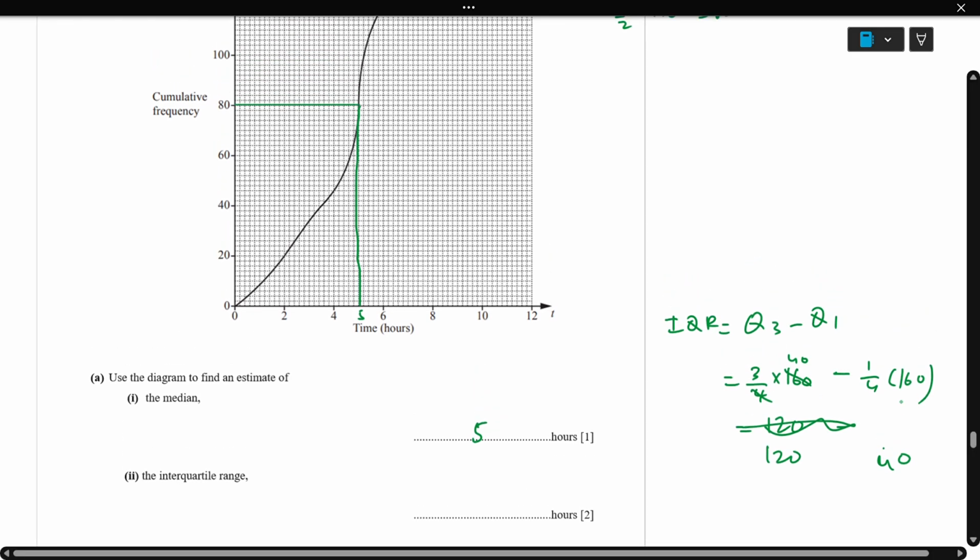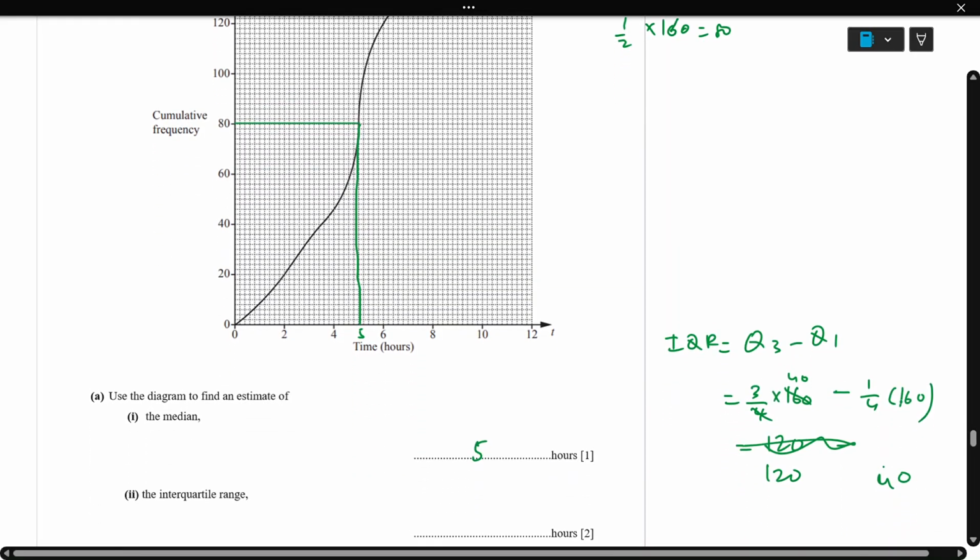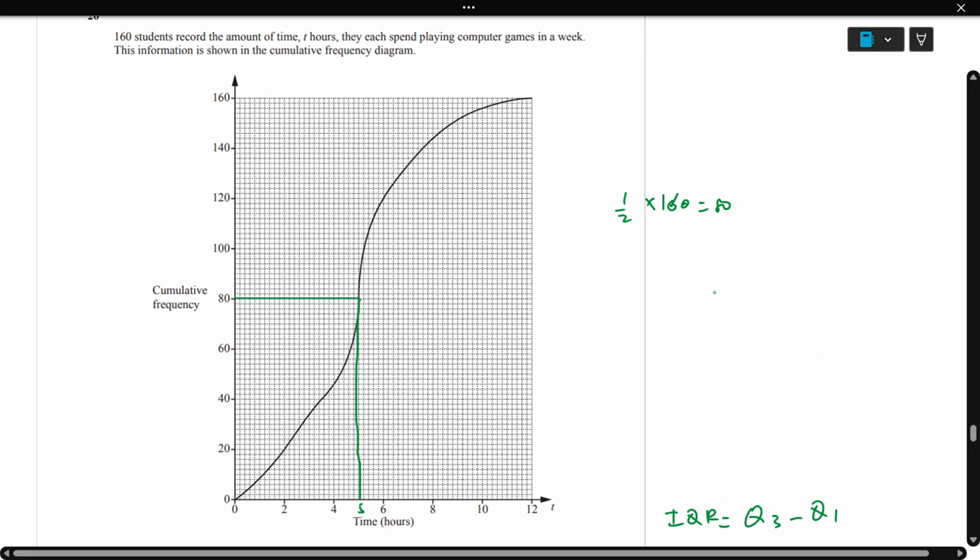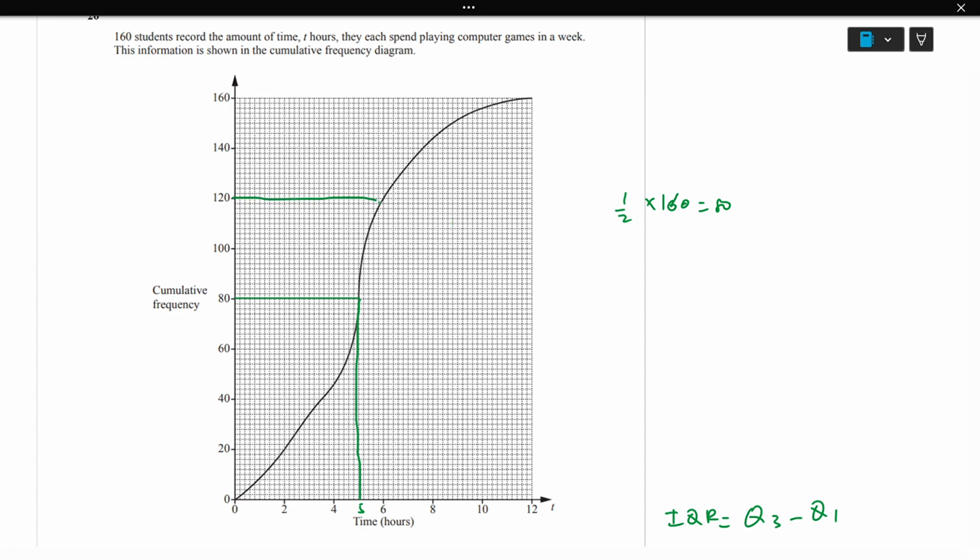So go for the hours. First 120 and 40, so first draw 120. When I go here to 120, do with the ruler, so we'll get 6.